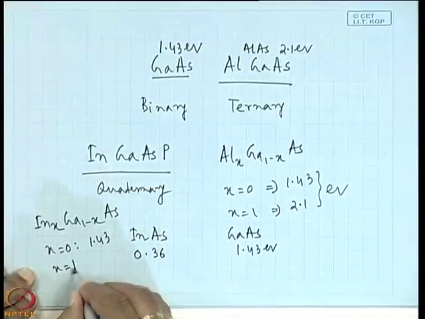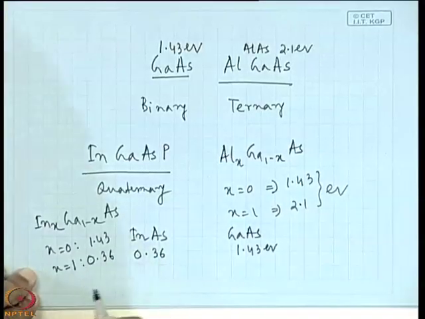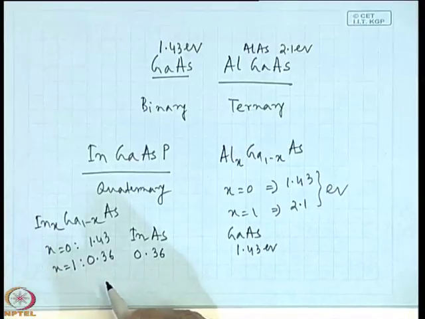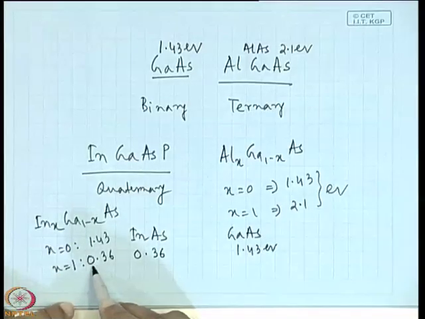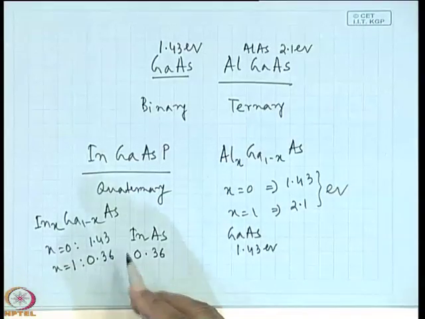For x equals 1, it is 0.36. So you can tune the band gap over a wide range from 0.36 to 1.43 electron volt. That is also possible using compound semiconductors. You can tune the band gap.